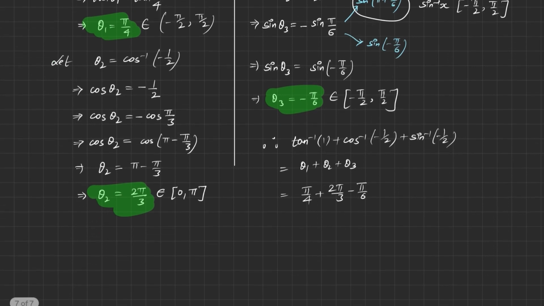So let us simplify. The LCM will be 12, so it will be 3 pi plus 8 pi minus 2 pi. So it will be 8, 9, 10, 11; 11 minus 9 is 9 pi by 12. If I cancel out, 3 3s are 9, and 3 4s are 12. So my final answer is 3 pi by 4.